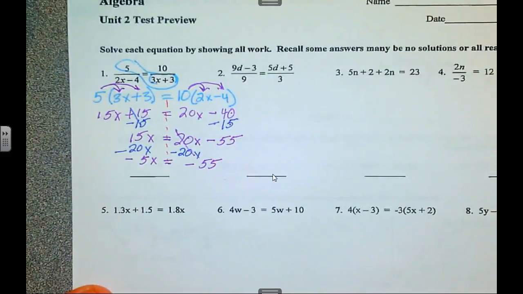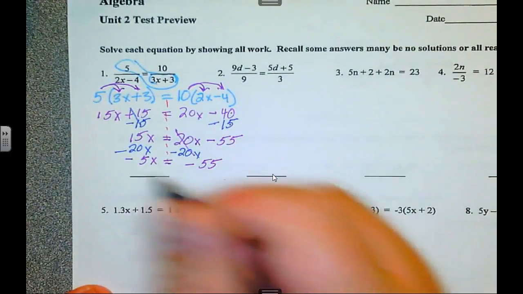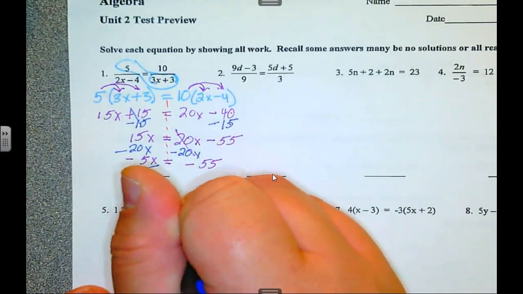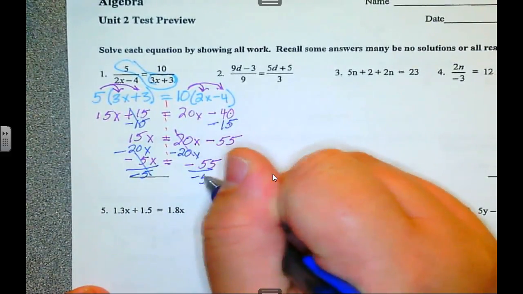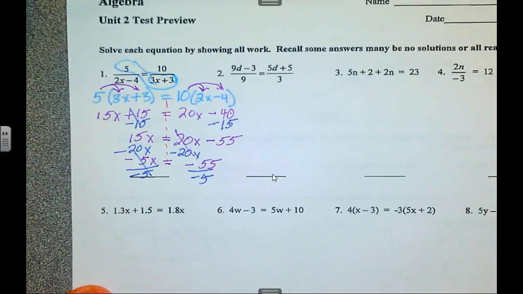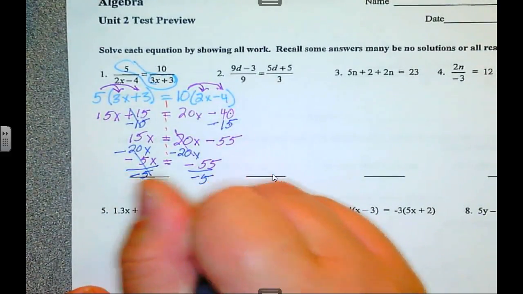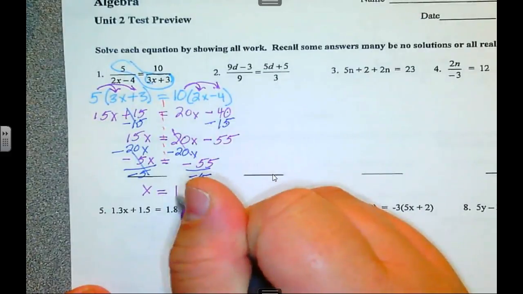And what did you tell me it was? Cool. Divide both sides by the coefficient negative 5. Yeah, there's a couple of different ways of doing this. Awesome.